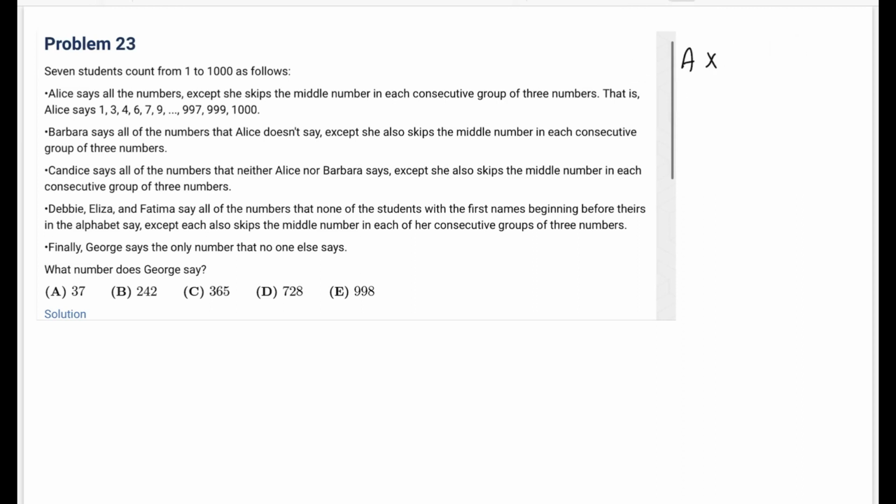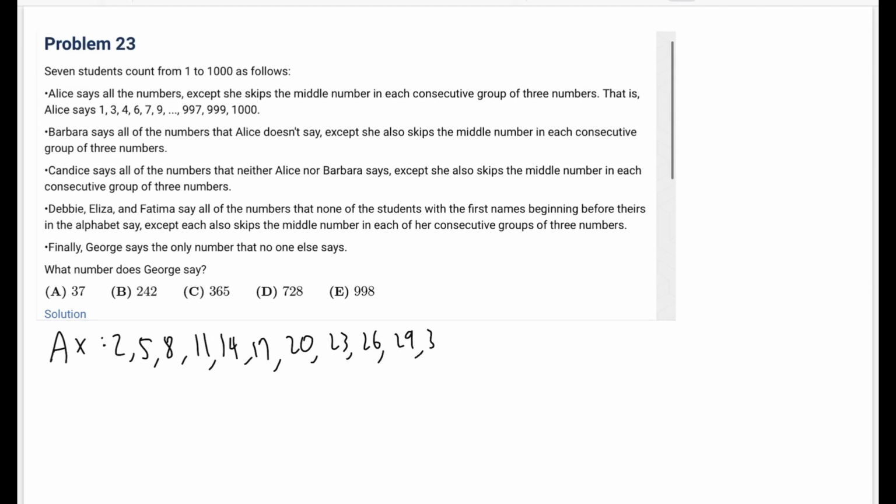Alice doesn't say 2, 5, 8, 11, 14, 17, 20, 23, 26, 29, 32, all the way.